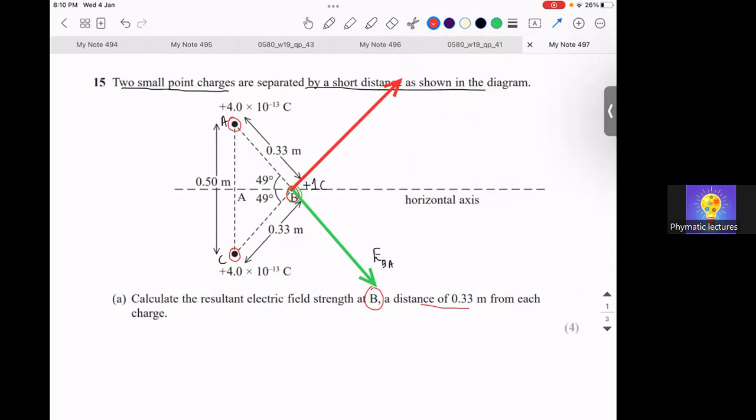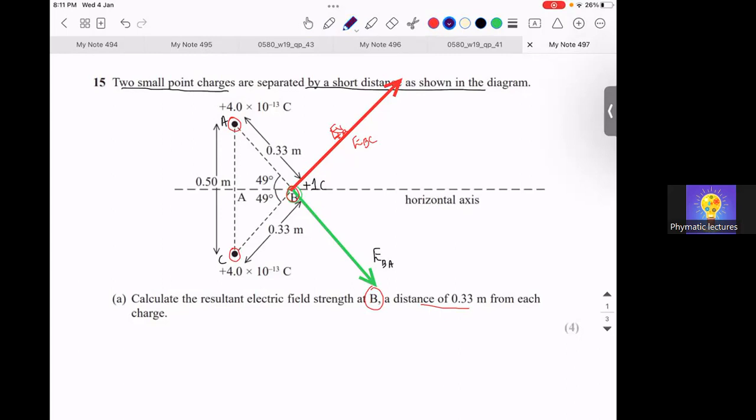This is the electric field at B due to the point charge at C.